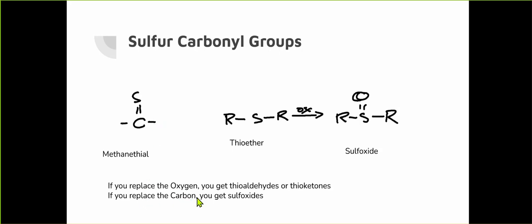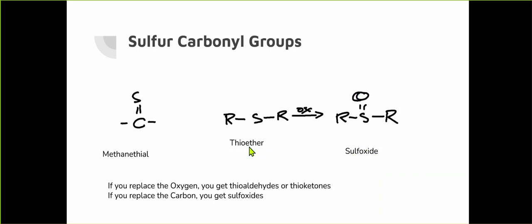If you replace the carbon, then you get what's called a sulfoxide. So you can see here, we've got an R-S double bond O-R. So it's the carbon that has the sulfur, and this is called a sulfoxide. So RSOR is a sulfoxide.